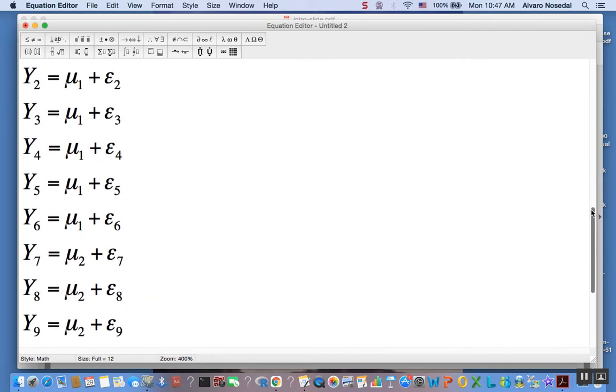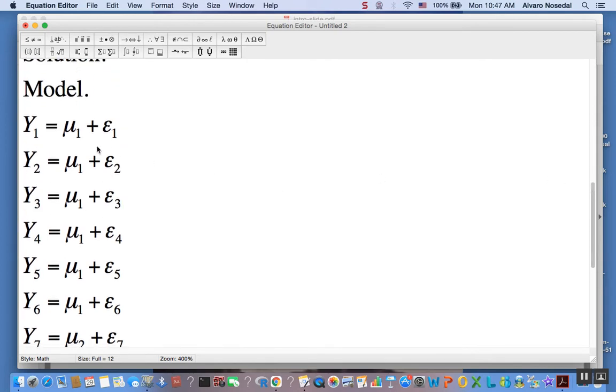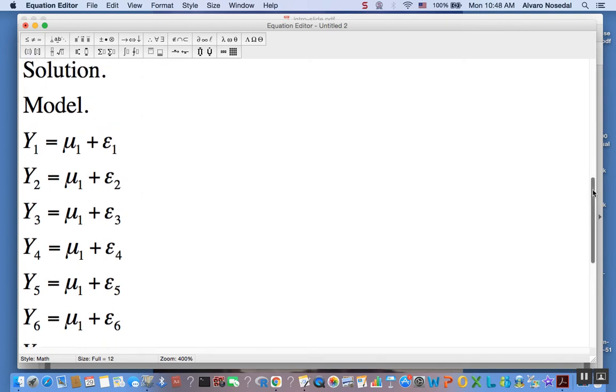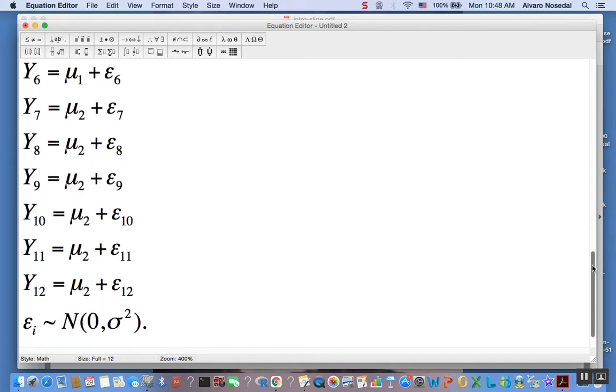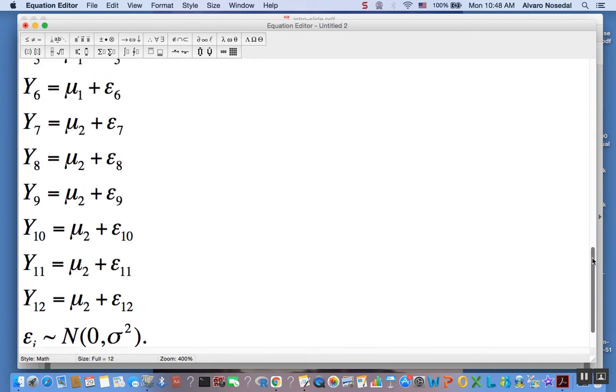See that I could have a column vector with 1, 1, 1, 1, 1, 1, and then 0, 0, 0, 0, 0, 0, 6 zeros, right? Make sense? Can you see that?